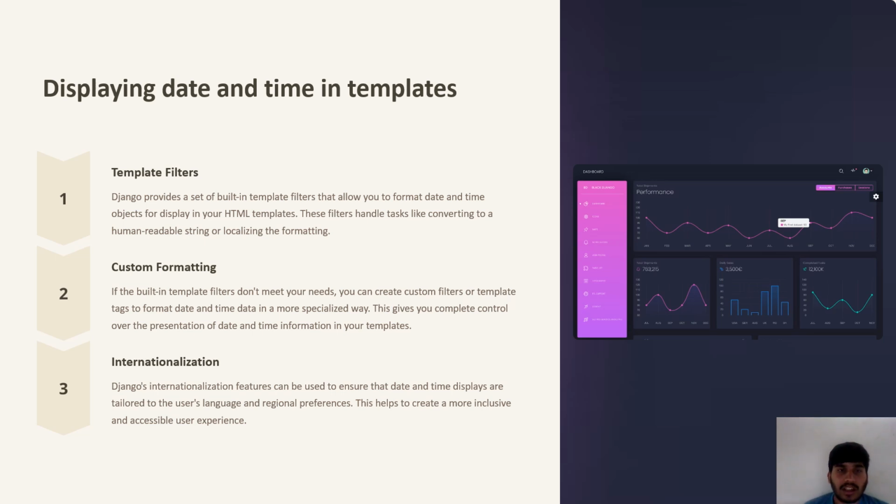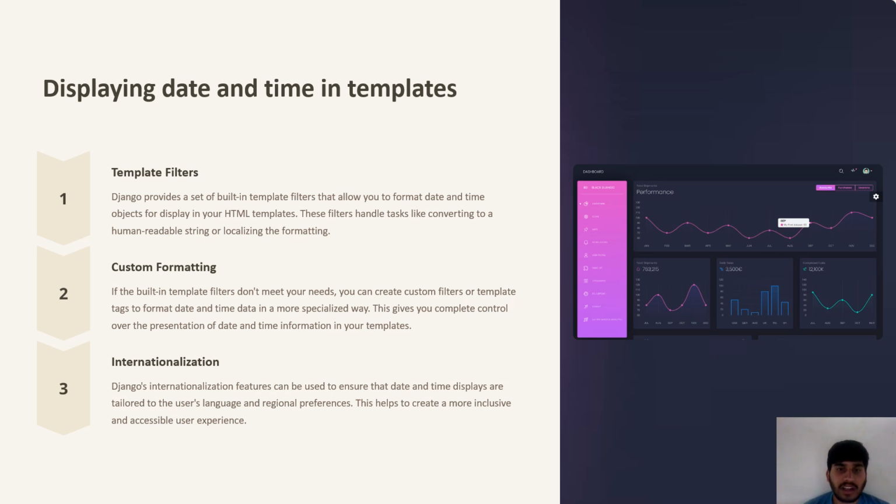Now let us see displaying date and time in templates: template filters, custom formatting, internationalization. Template filters. Django provides a set of built-in template filters that allow you to format date and time objects for display in our HTML templates.